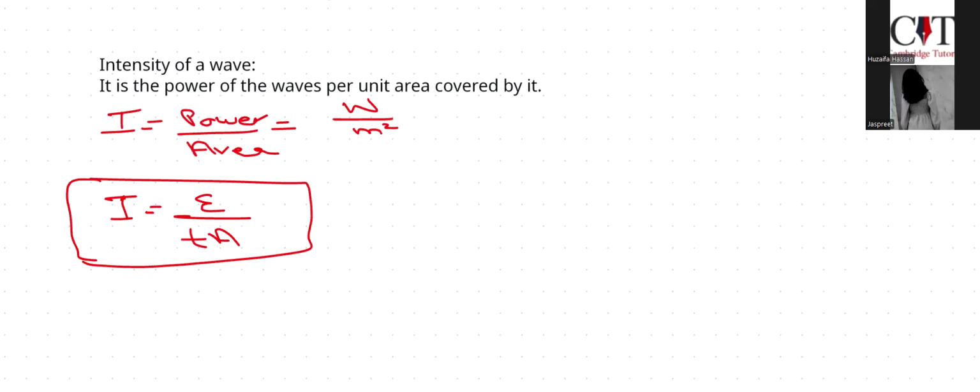Now there are some factors on which the wave intensity depends. The first factor on which the wave intensity depends is amplitude.